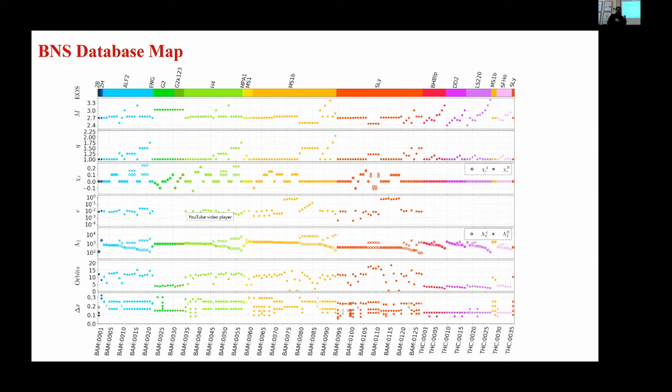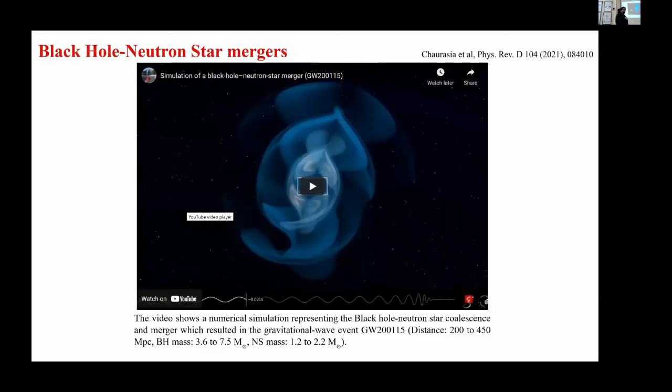But now that we are in an era where we are detecting black hole neutron star systems, such a database will be of crucial importance to develop gravitational waveform models, and also to understand the interesting physics happening in these systems. So for the rest of the talk, I'm going to present our progress with black hole neutron star merger simulations using DAM.